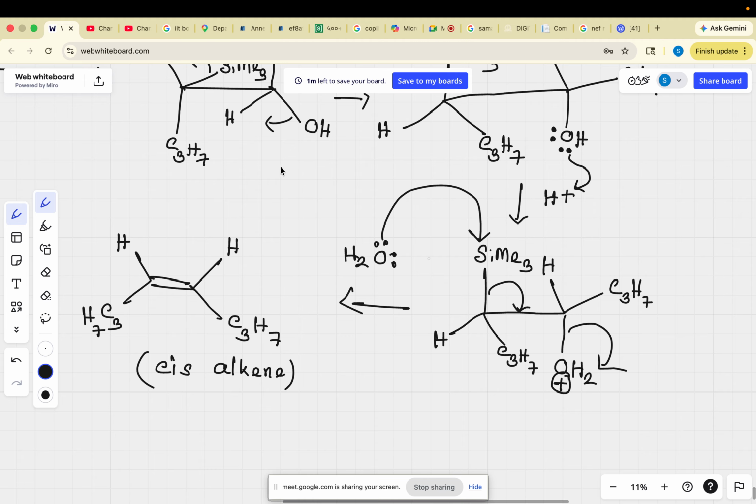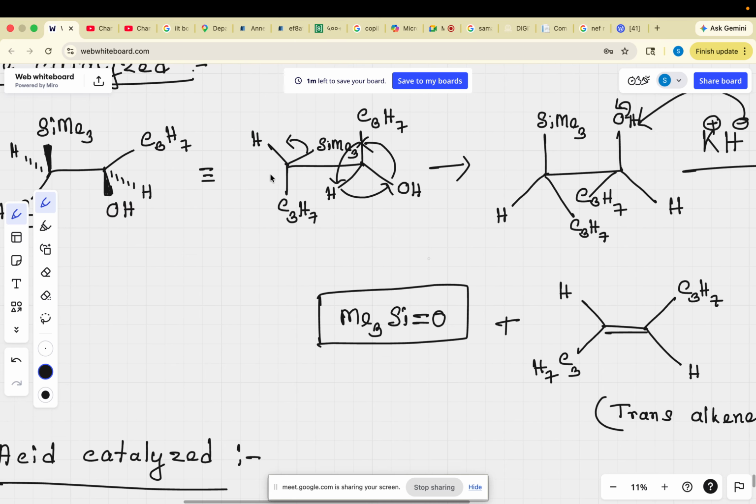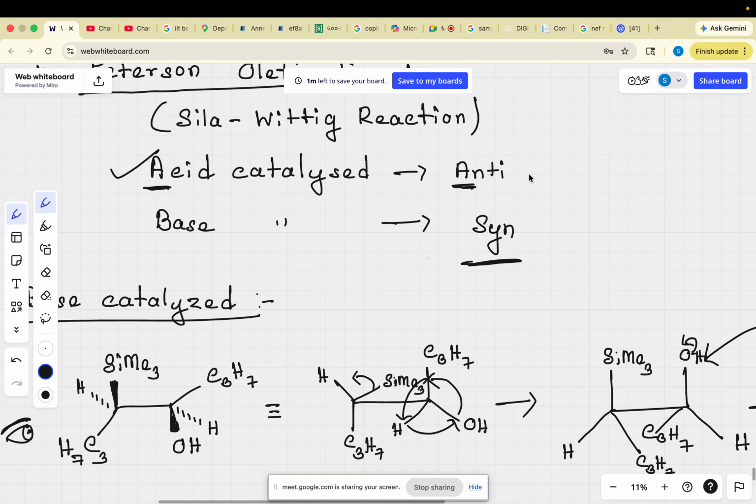Clear? So you just remember this, that in acid catalyzed you will get anti-elimination, and in base catalyzed you will get syn elimination.